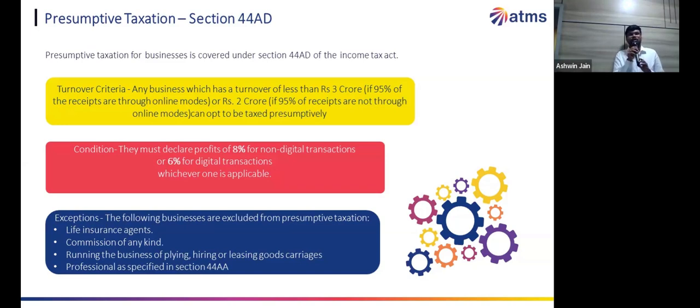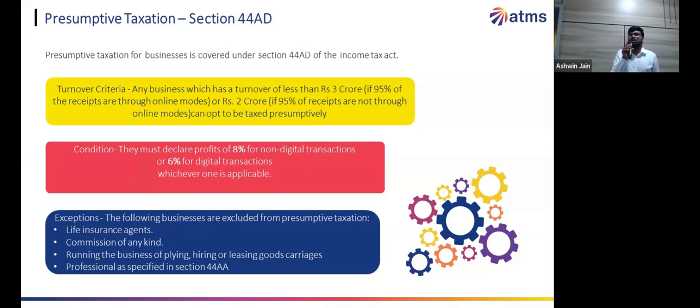During the preparation of the computation of income, even though we are maintaining Tally or preparing the bank summary and all those things, we need to make sure that if we are going for 6%, the onus is on us to prove that we are eligible for the 6% criteria. Because at the end of the day, if there is an assessment from the department, they might invoke the 8% criteria rather than 6%.